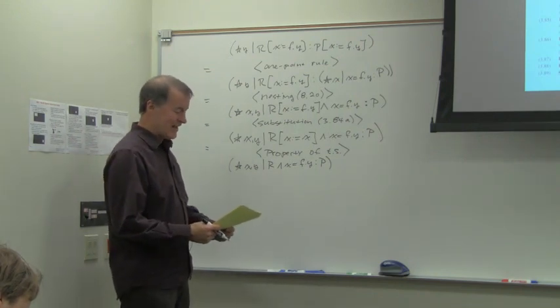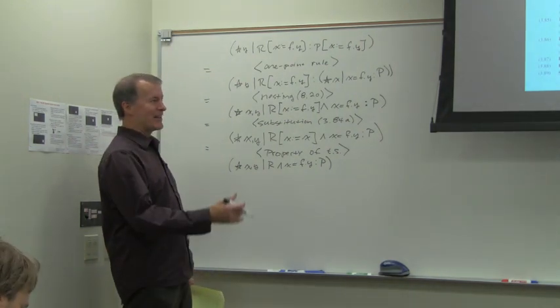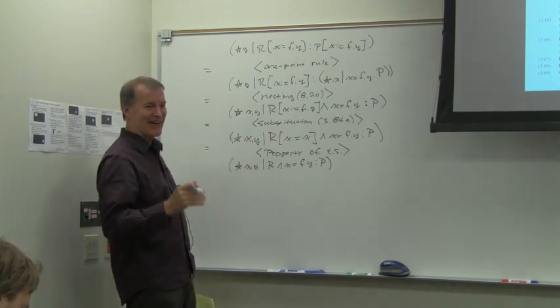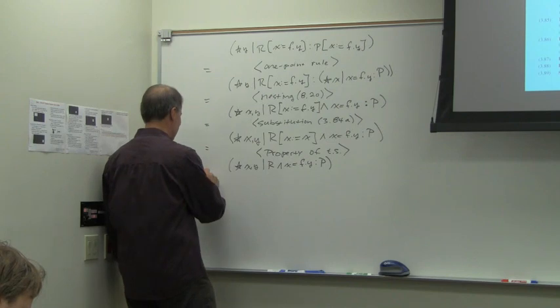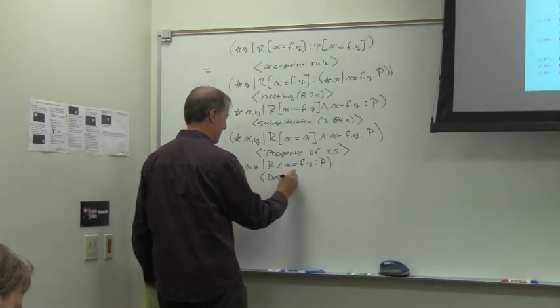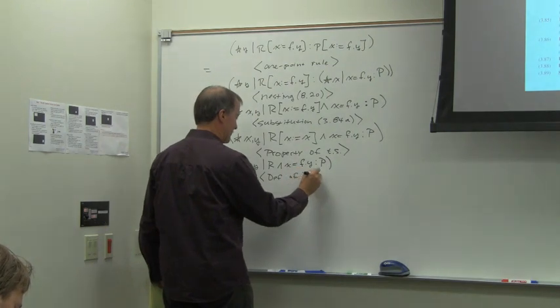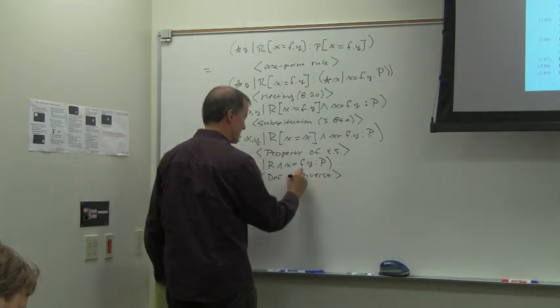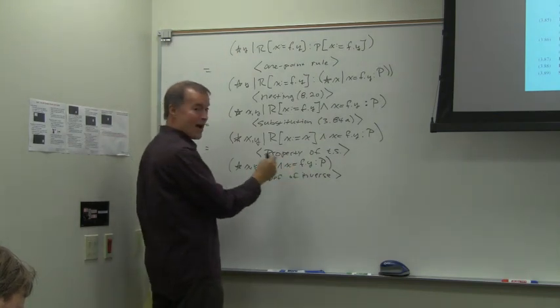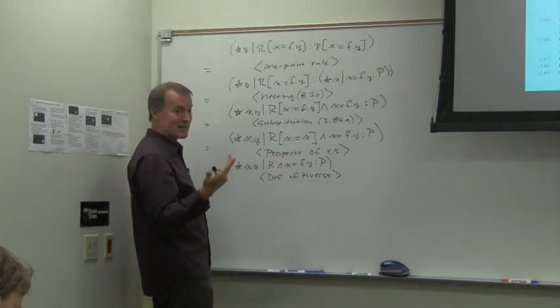Okay. Now, Mason, we get to our inverse definition, right? Now comes the inverse. So this equals, by definition of inverse... So by definition of inverse, x equals f dot y is the same thing as what?